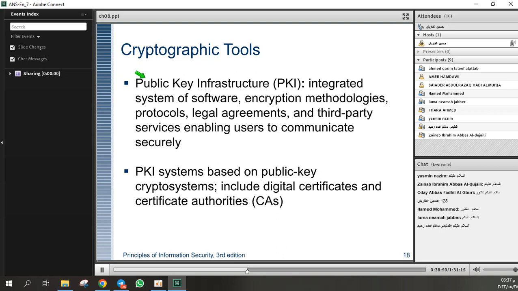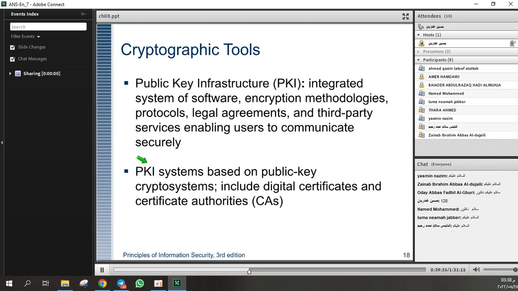So currently, we are using a combination of symmetric and asymmetric techniques. Based on cryptography algorithms, we are using some other tools. For example, we can use public key infrastructure, an integrated system of software, encryption methodologies, protocols, legal agreements, and third-party services to enable users to communicate securely. We can use PKI for secure communication.